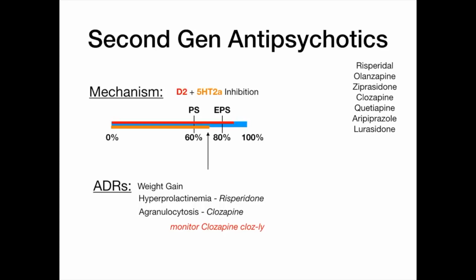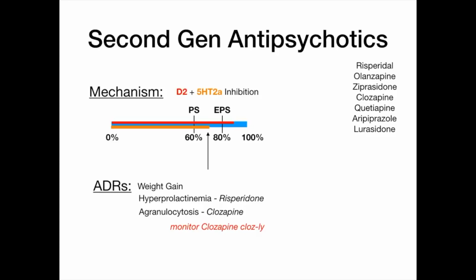Clozapine causes the adverse drug reaction agranulocytosis. Because of this, the mnemonic is that you monitor clozapine closely, like clozapine, because you need to have routine complete blood counts done to look at the patient's cells to make sure that they're not experiencing agranulocytosis.